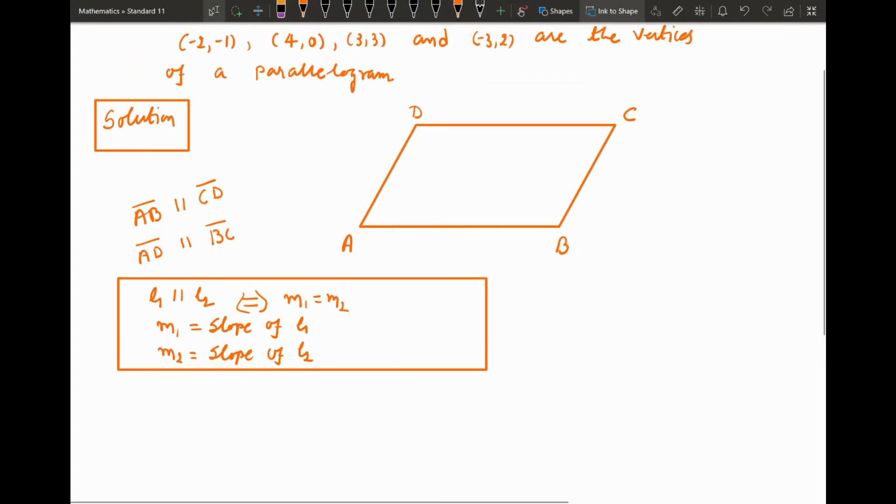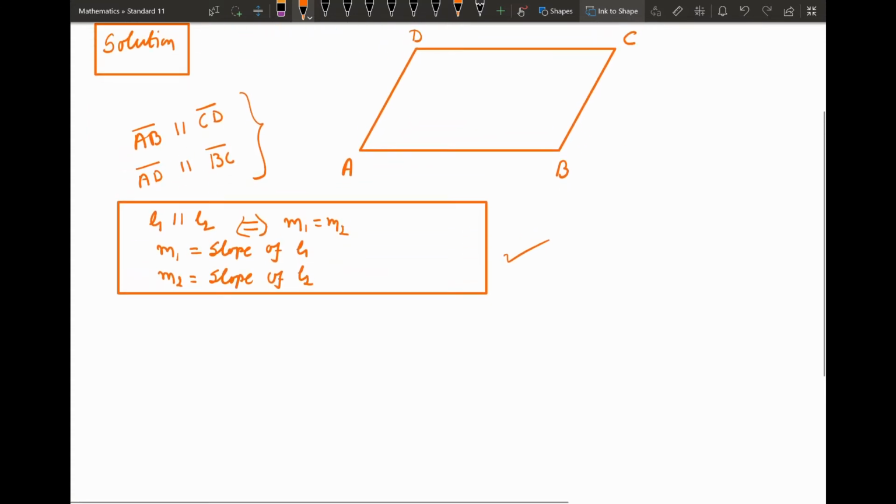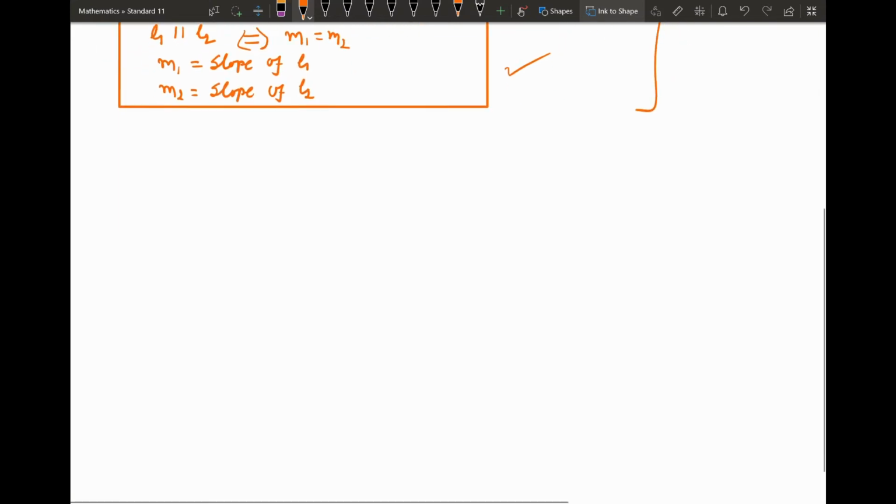So using this formula, we will show that for opposite sides slopes are equal, and if slopes are equal the two lines are parallel, and using this we can show that given vertices are vertices of a parallelogram.